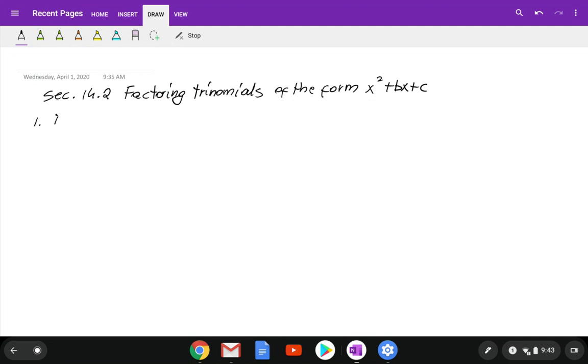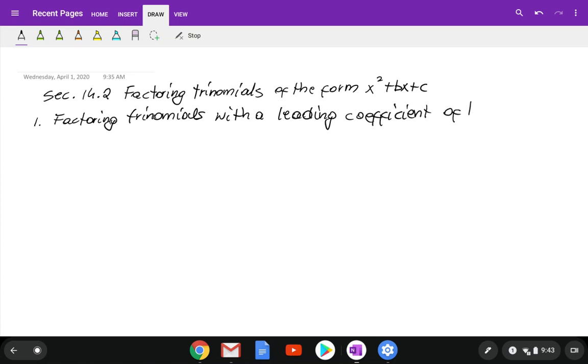Factoring trinomials with a leading coefficient of 1. I'm talking about this one because what we're dealing with here is the quadratic expression ax squared plus bx plus c.